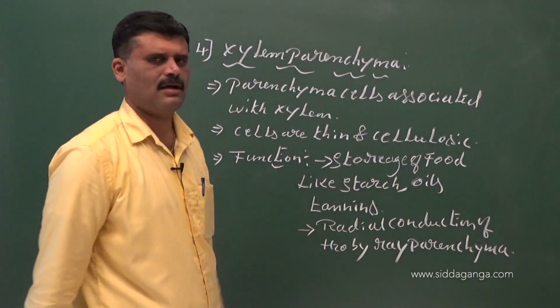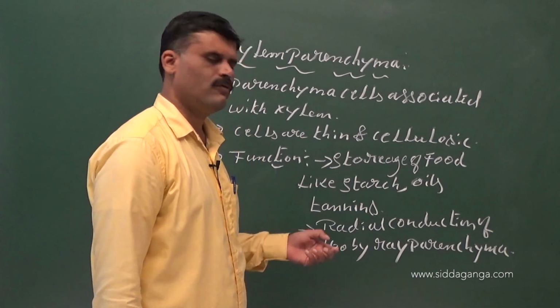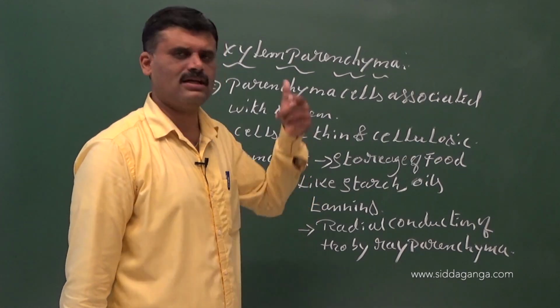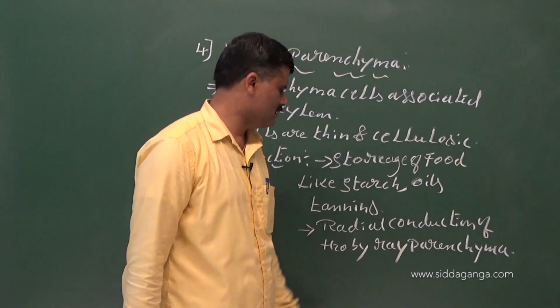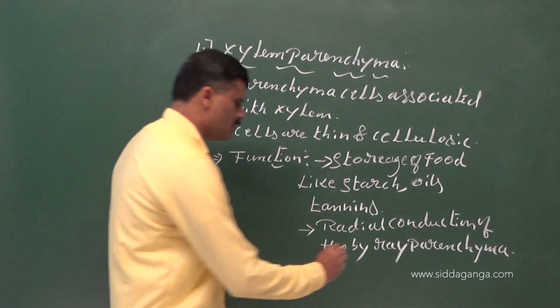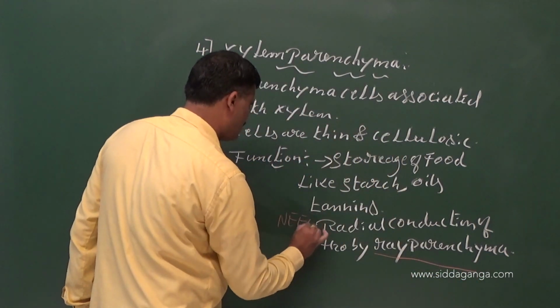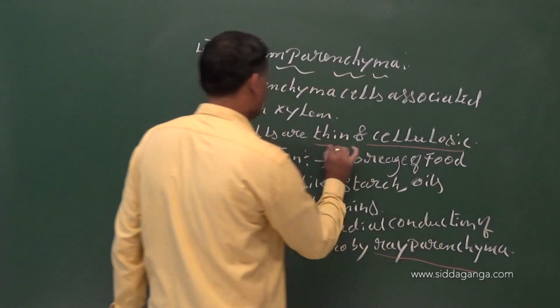Ray parenchyma cells are found in the stellar region, where they are involved in conduction of water. So, radial conduction of water occurs by medullary ray parenchyma tissue. Very important. This is important for NEET exam, and the cellulosic thin wall is important.